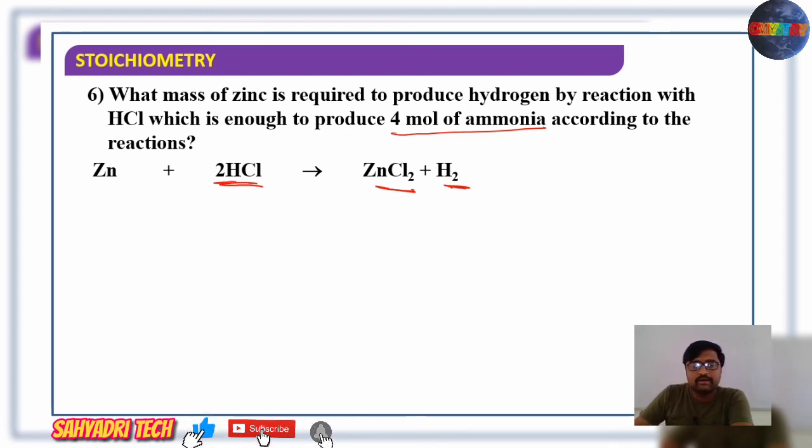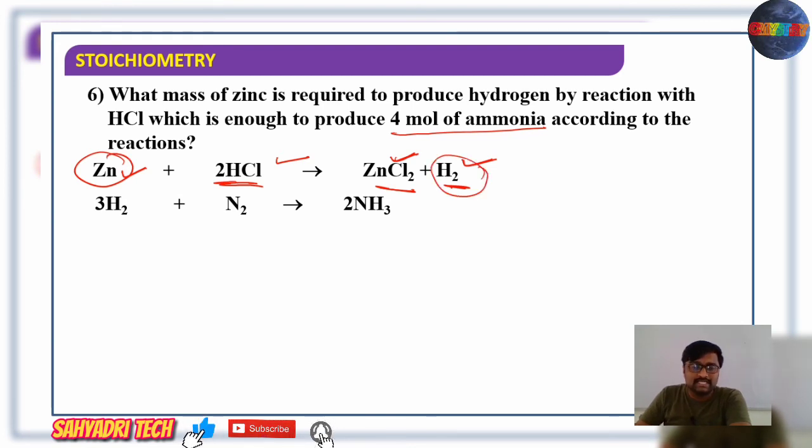So what is the mole relation here? 1 mole of zinc reacts with 2 moles of hydrochloric acid and gives 1 mole of zinc chloride and 1 mole of hydrogen. It means if 1 mole of zinc reacts, 1 mole of hydrogen is released. Remember this. Then, formation of ammonia: 3H2 plus N2 gives rise to 2NH3.